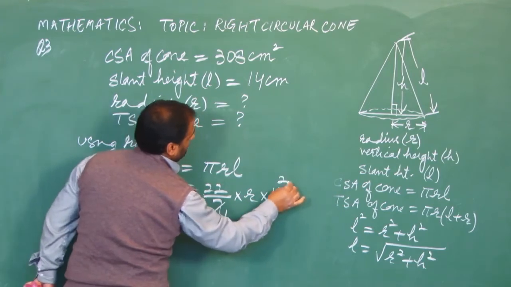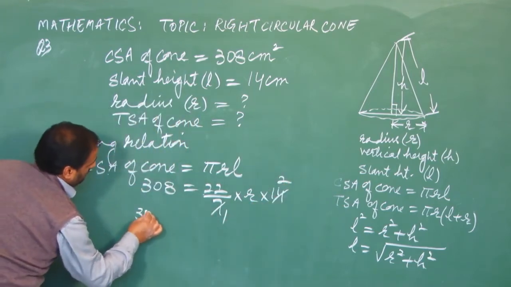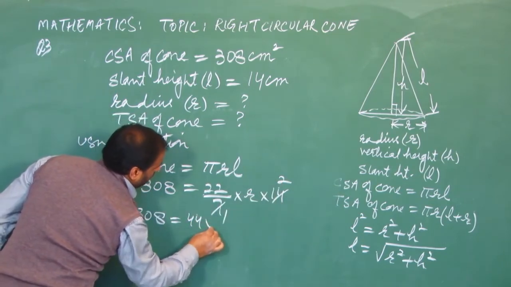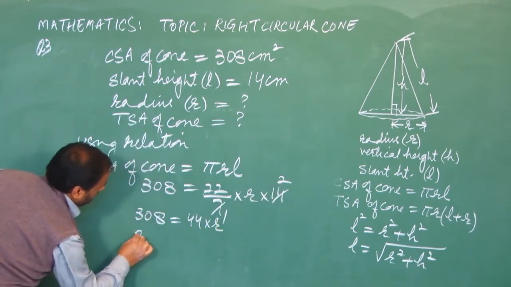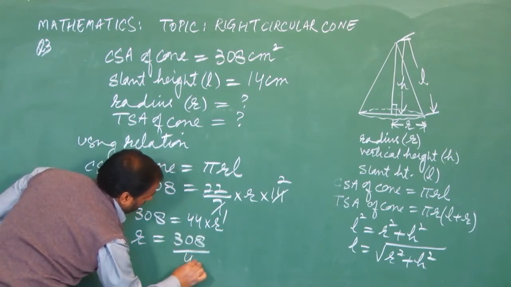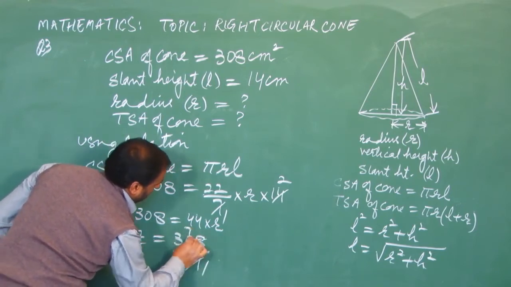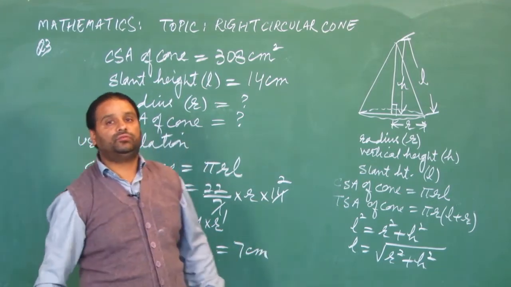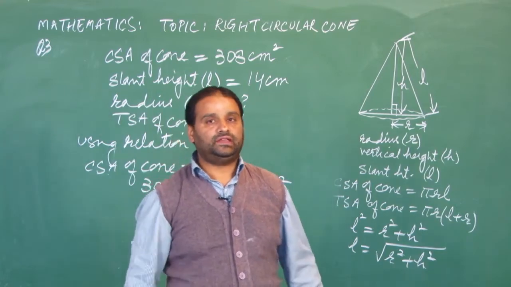Cancelling 14 with 7, 22 into 2 is 44 into R. And R is equal to 308 by 44, that is 7 centimeter. So the radius of that cone is 7 centimeter.